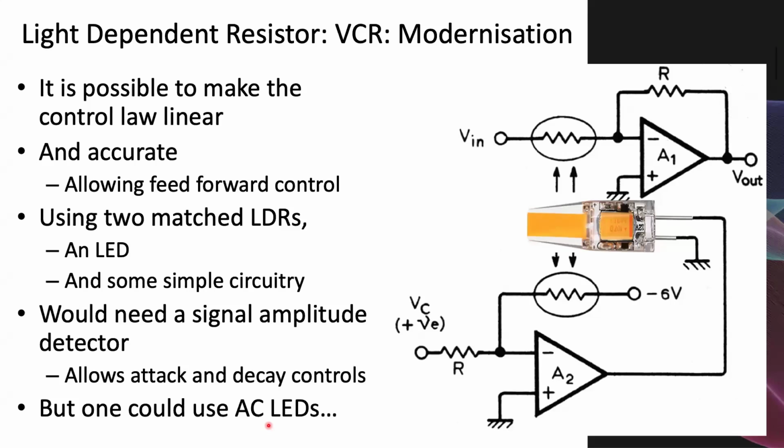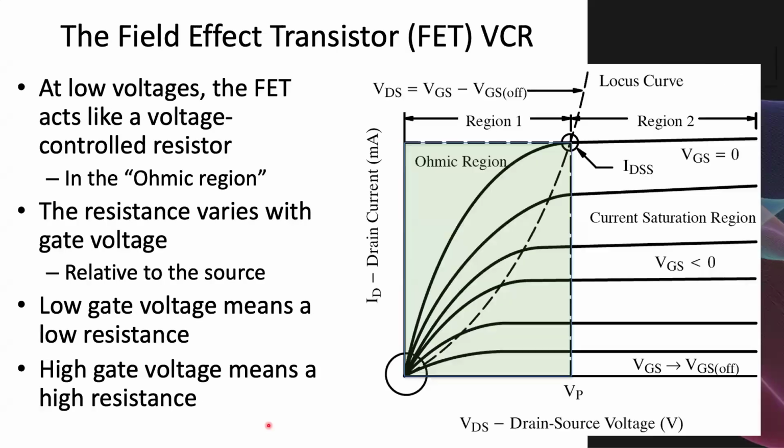Okay, the next form of voltage controlled resistor is the field effect transistor. How these work is that at low voltages, less than the pinch-off voltage of the field effect transistor, in this so-called ohmic region, the field effect transistor acts like a voltage controlled resistor. This resistance will vary with gate voltage relative to the source.